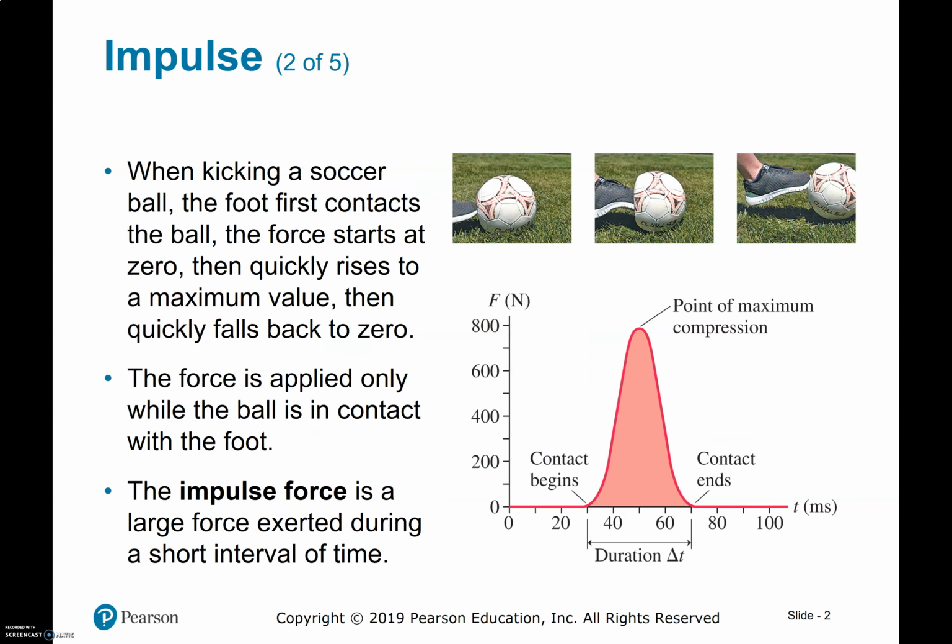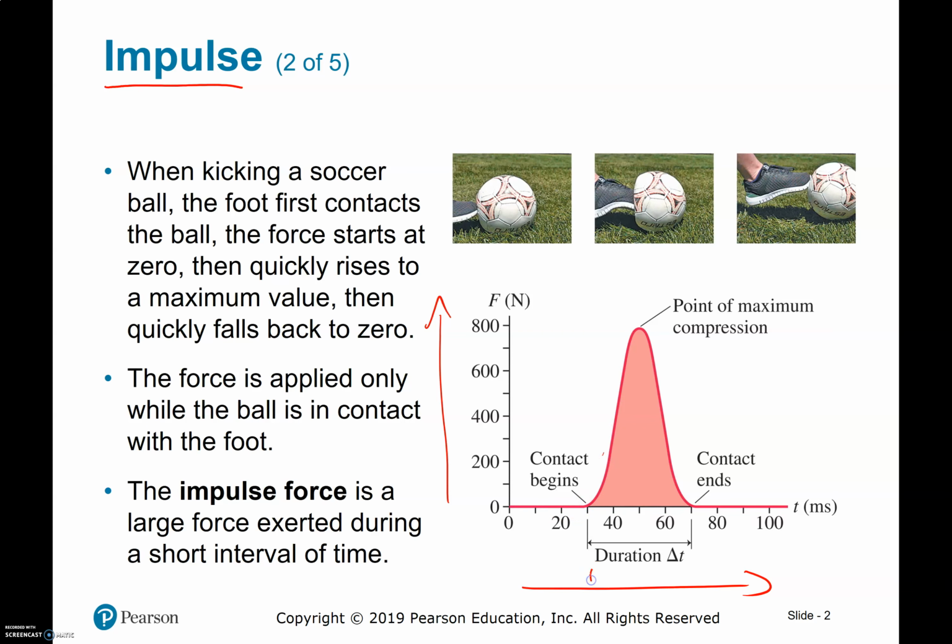So one of the main ideas that we're going to discuss is impulse. If you look at the force here, the soccer ball is being kicked. If you were to plot time here and force here, you see that it goes up, increases sharply, and then goes down.